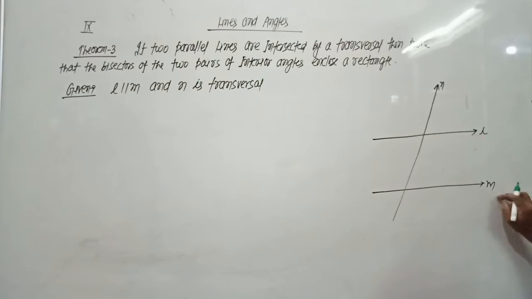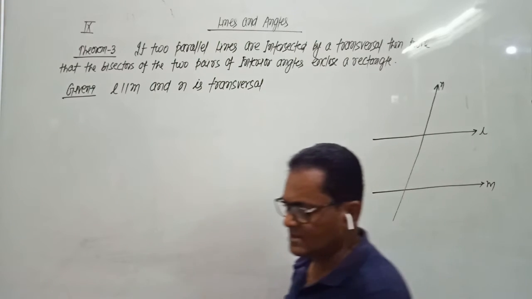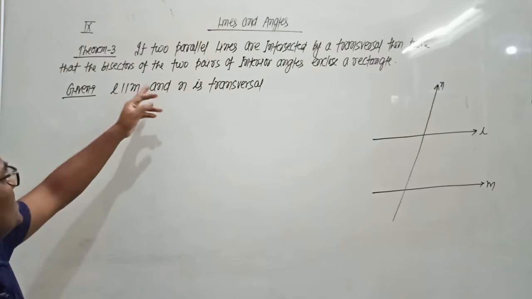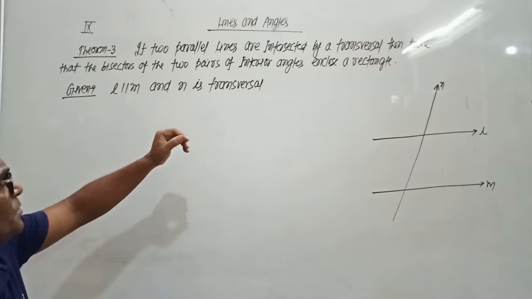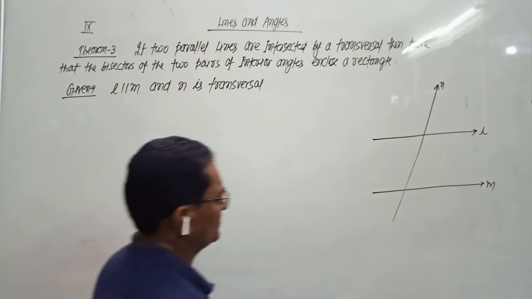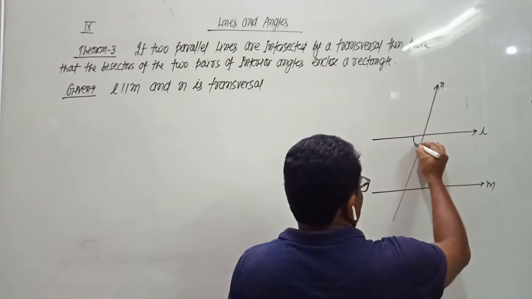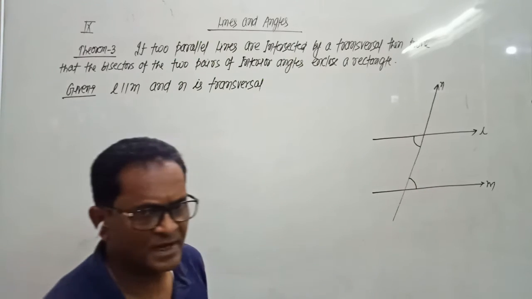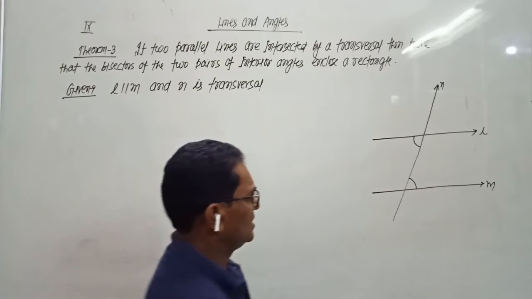This was given: if two parallel lines are intersected by a transversal. So L and M are two parallel lines intersected by a transversal. Then the next part: prove that the bisectors of the two pairs of interior angles. This angle and this angle are called a pair of interior angles.